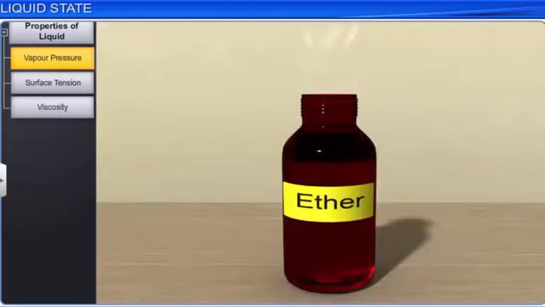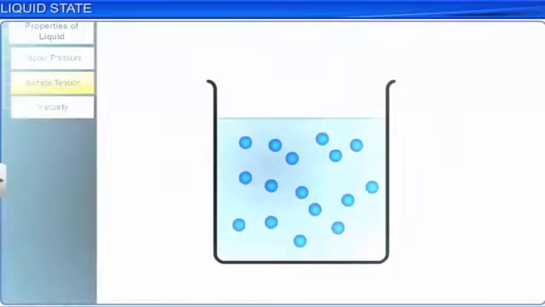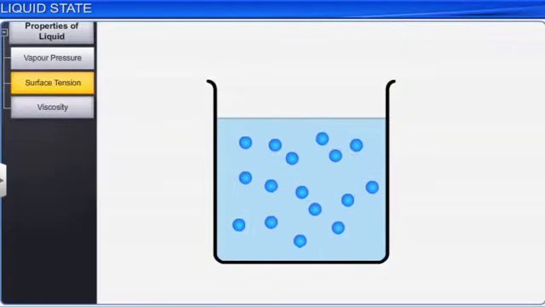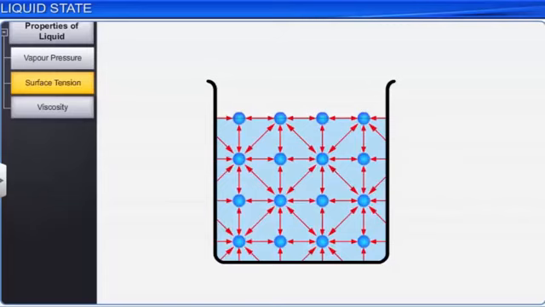Let's now discuss surface tension. This property of liquids arises from the intermolecular forces of attraction. A molecule in the interior of a liquid experiences equal intermolecular forces of attraction from all sides.